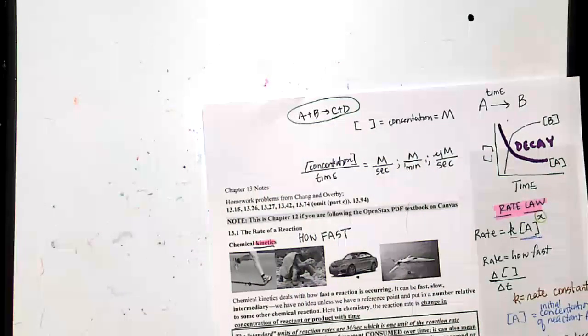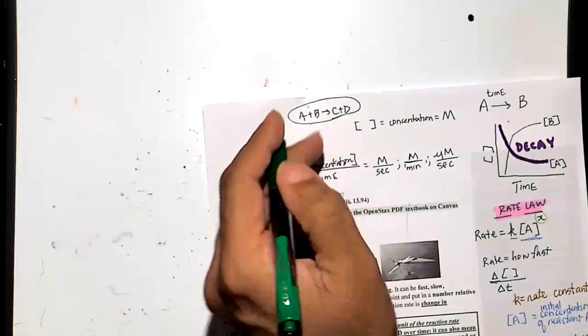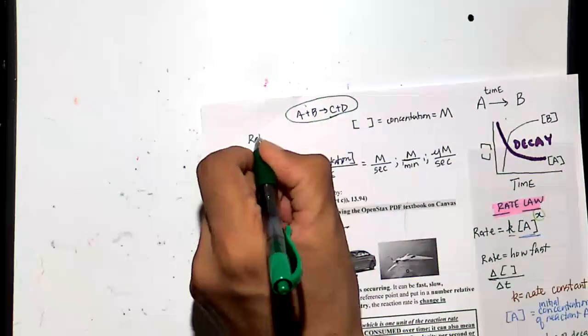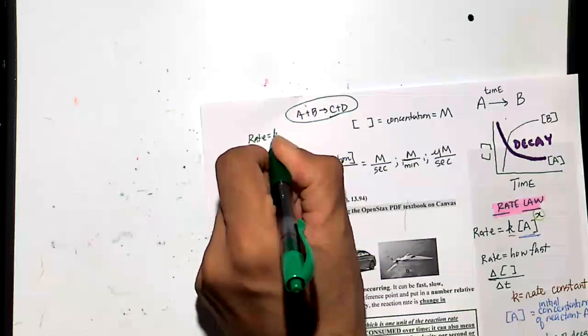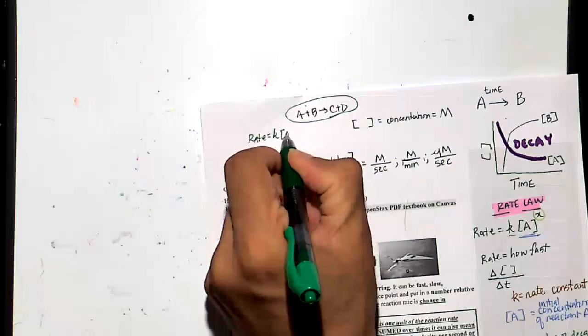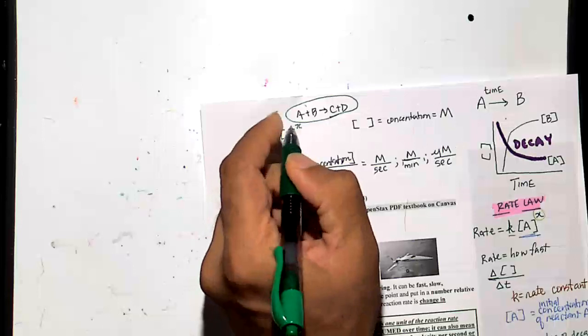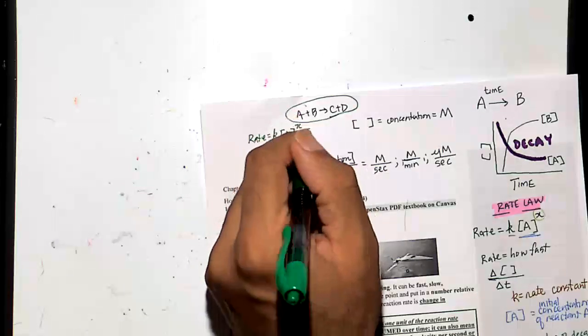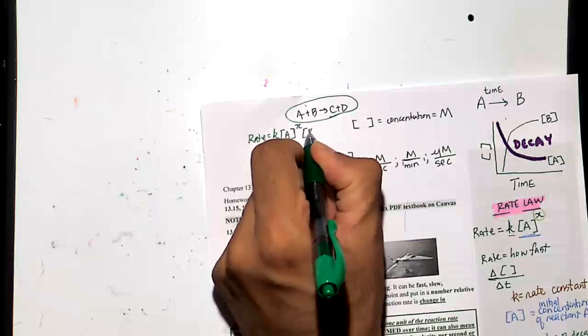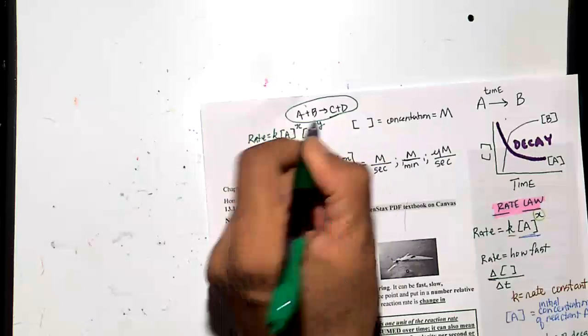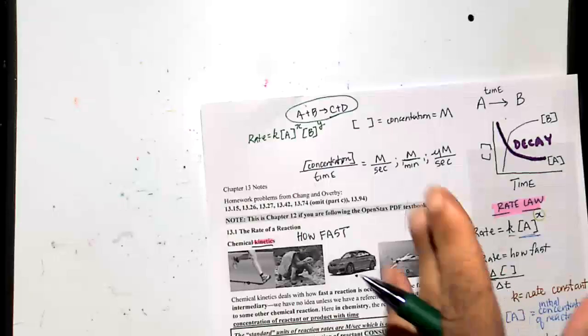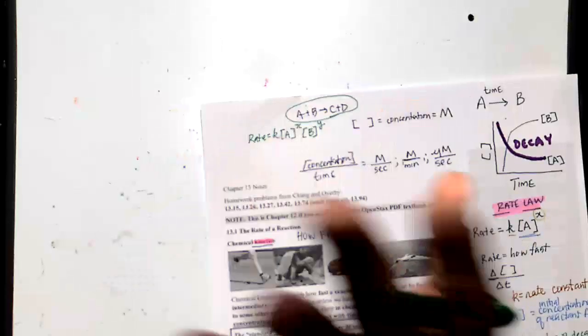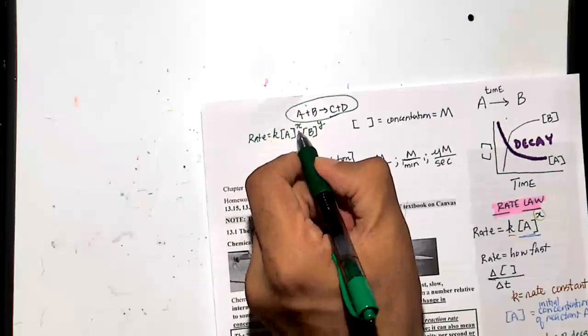What would be the rate law for this reaction? Reactants A plus B goes to C plus D. It's going to be equal to rate times its own rate constant times the concentration of A raised to its order of decay, 0, 1, 2, or 3. Times the concentration of B raised to its order of decay, 0, 1, or 2.